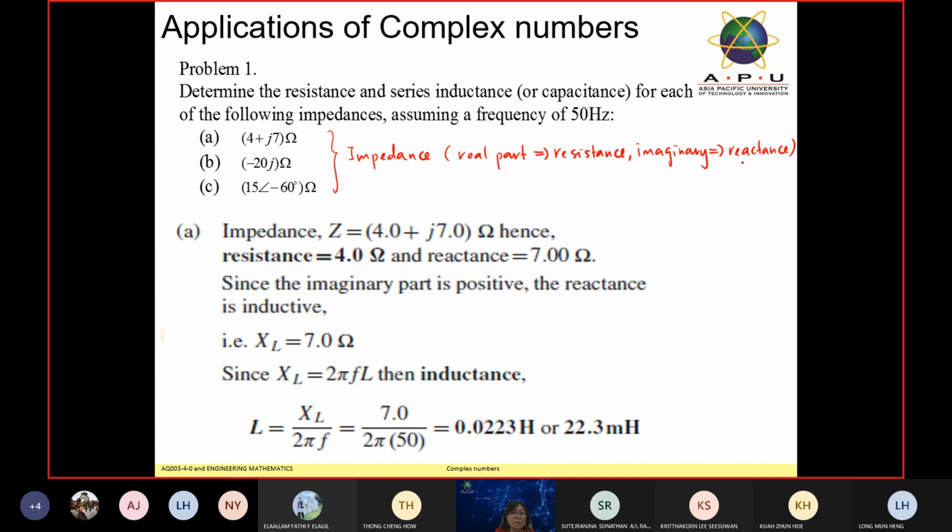Now, when the imaginary part is positive, that means the reactance is inductive.